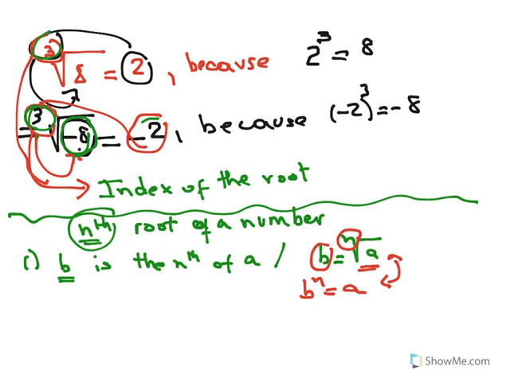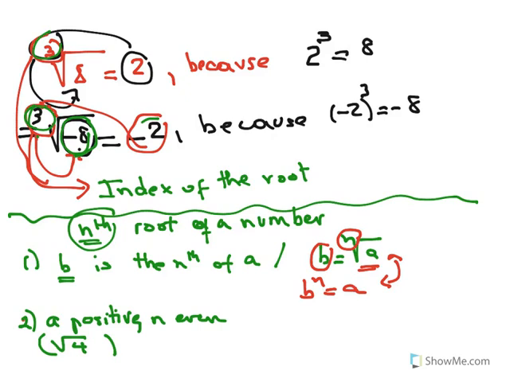Okay? So the second thing I need to remind you is that if a is positive, we just talked about that, a is positive and n is even. In other words, I'm going to give you an example: square root of 4. Yes?